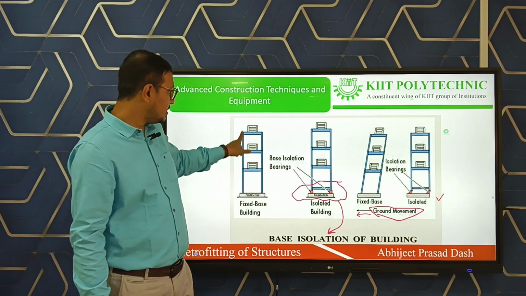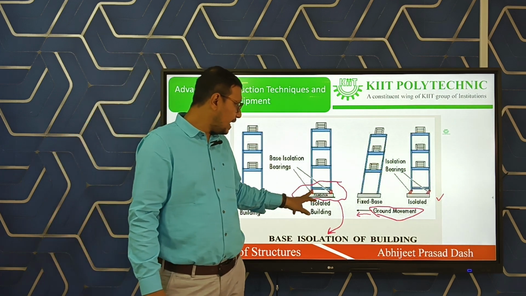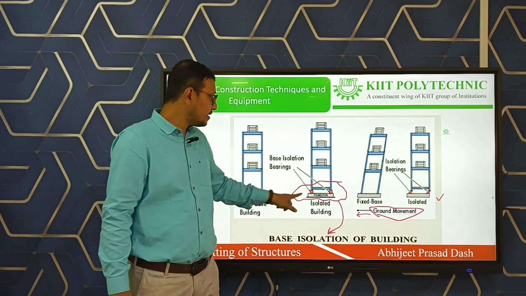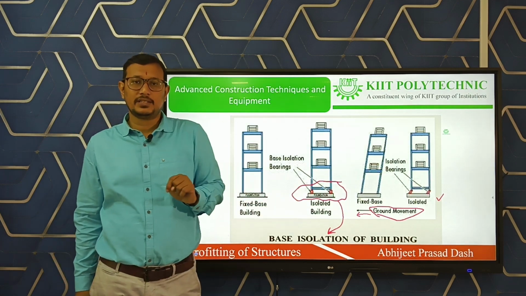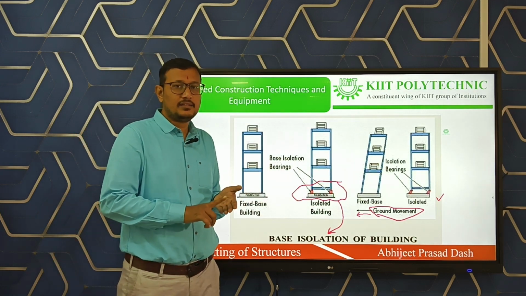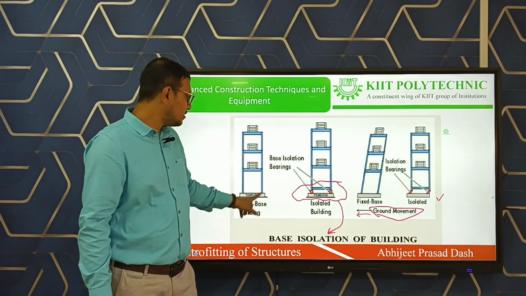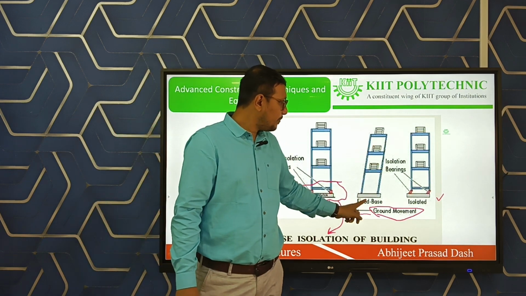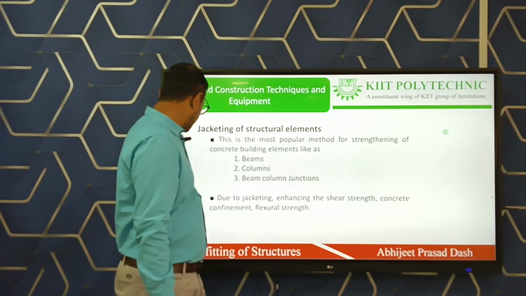Here you see this is a fixed base building and this is an isolated base building. You see base isolation bearings given here and here. Now after ground movement, when the earthquake is there, you see this fixed base building will be directly impacted from the base to the top.